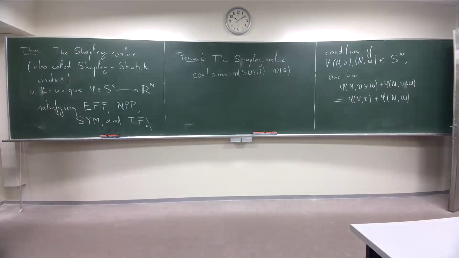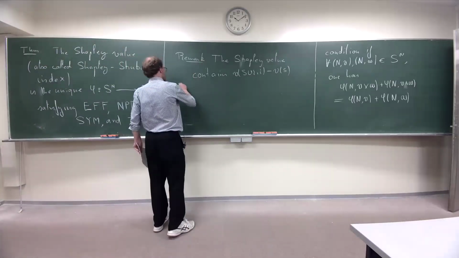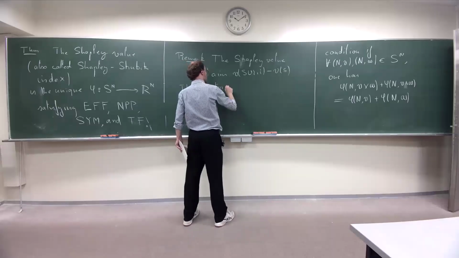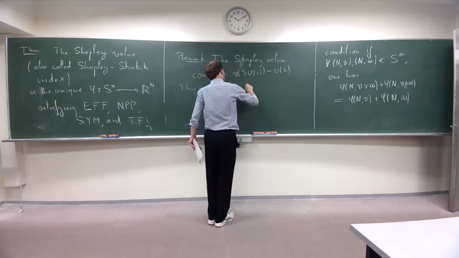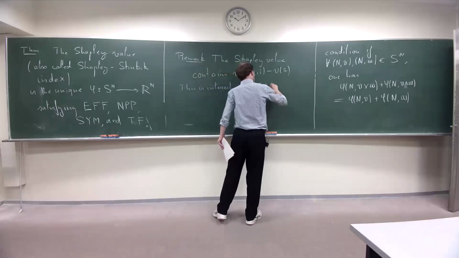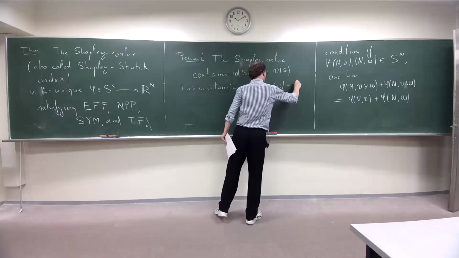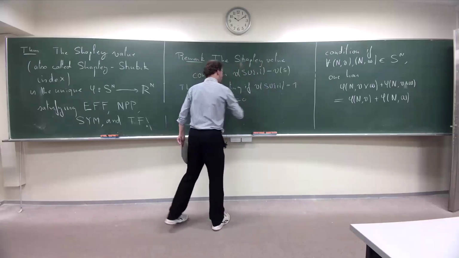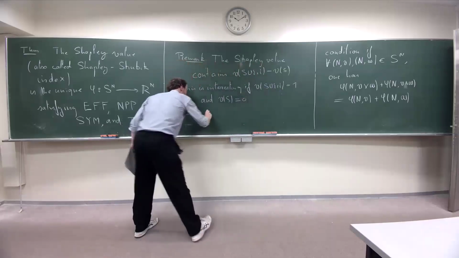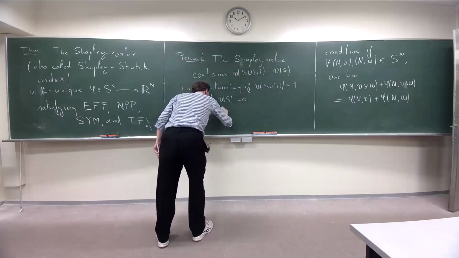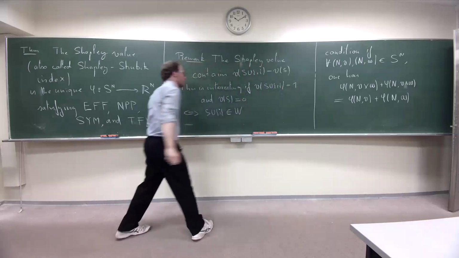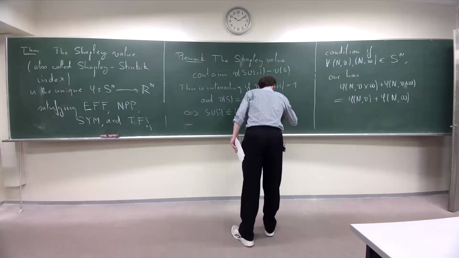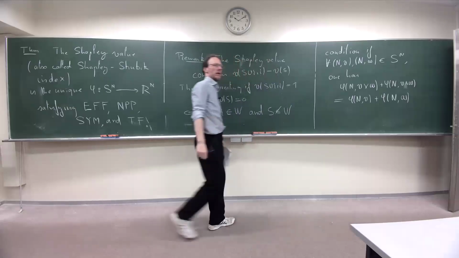So the only interesting case, where this expression gives a contribution, is if V of S union I is 1 and V of S is 0, which is equivalent to S union I being a winning coalition, and S itself not being a winning coalition.